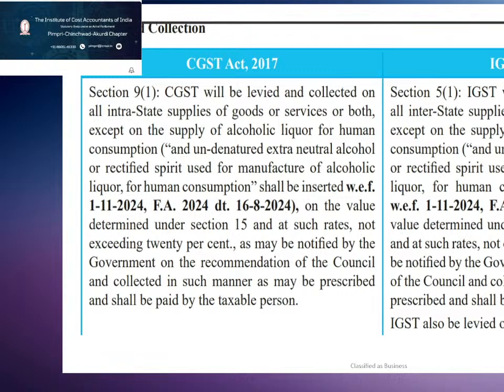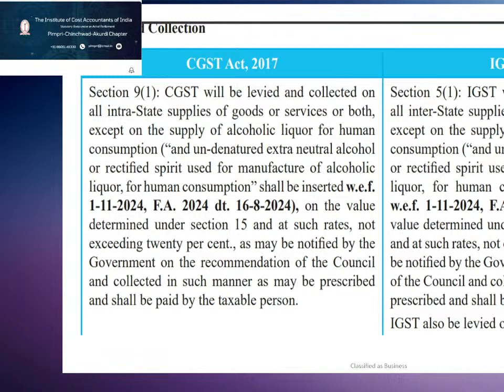Now we are into Section 9. Section 9 is about the charge of tax, and also includes reverse charge. Before going into detail, I'll go back to my previous slide so you can understand what is meant by the normal charge mechanism on levy of GST, on the left side. Generally in all normal cases, the supplier supplies the goods to the receiver.